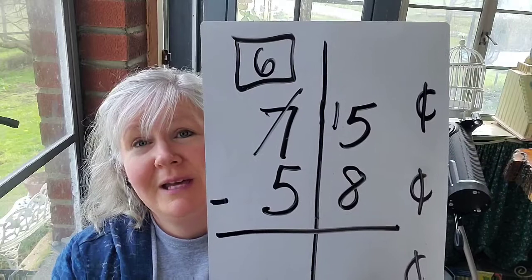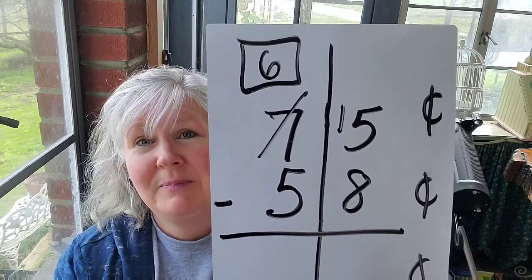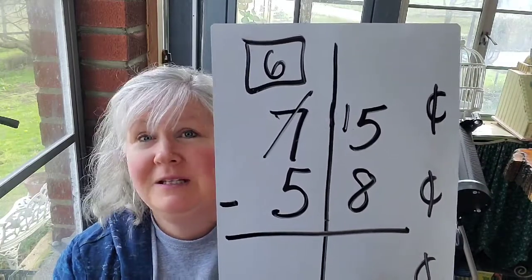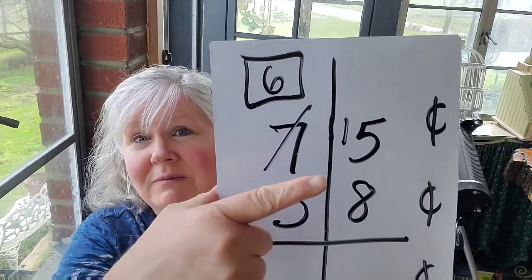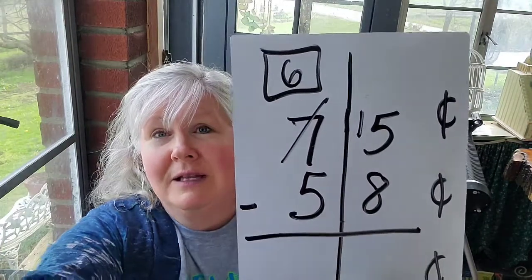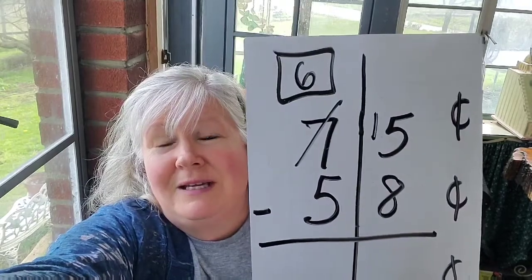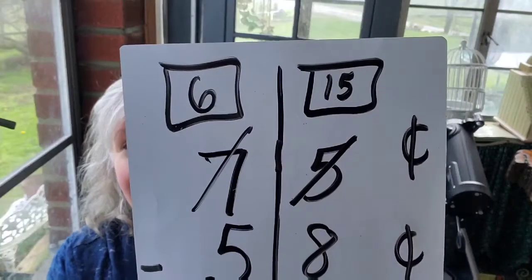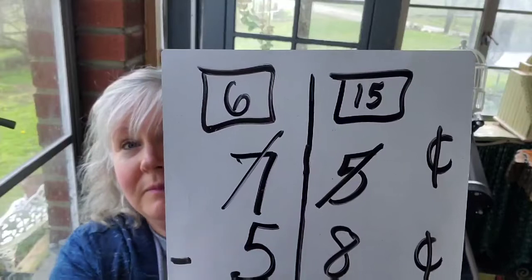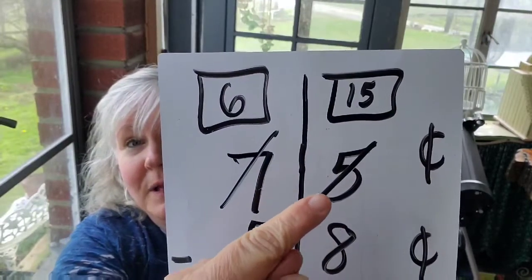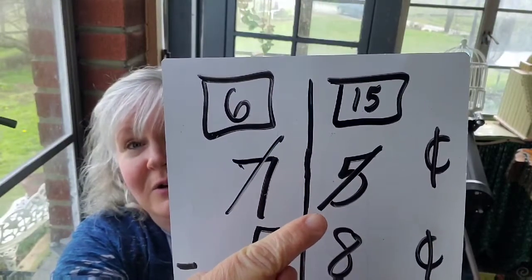Now I will go ahead and show you what it looks like up in the box, but I don't want my students to use that. I want them to do this method. All right, let me just show you the other way that you might see on some papers. Okay, this is what you might see some children do. You cross out the 5 because it's no longer 5.